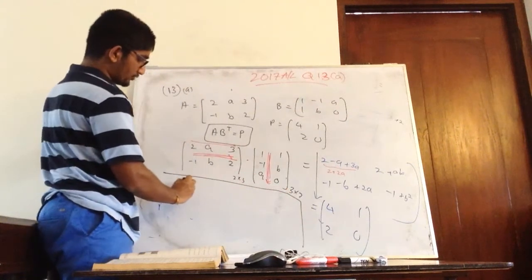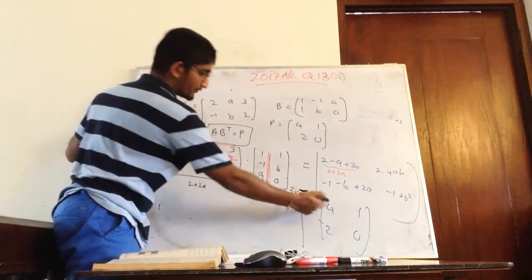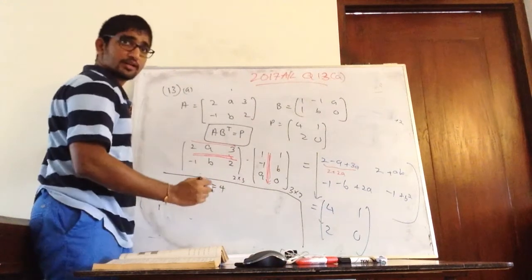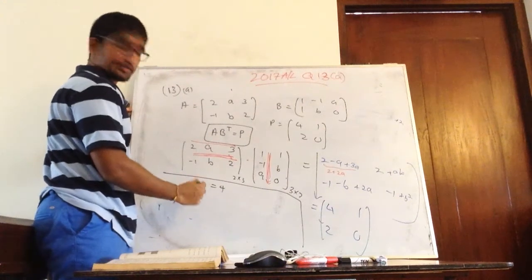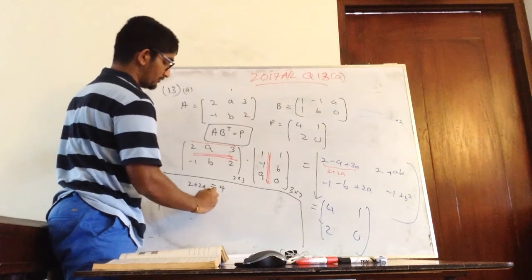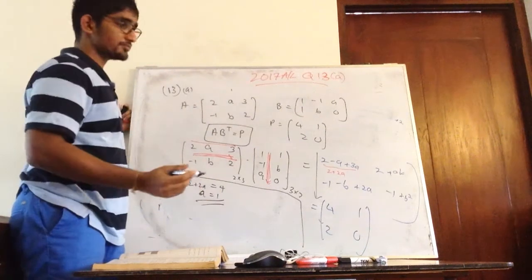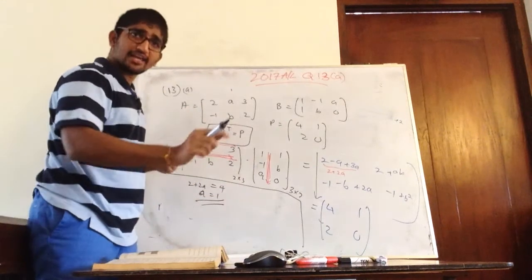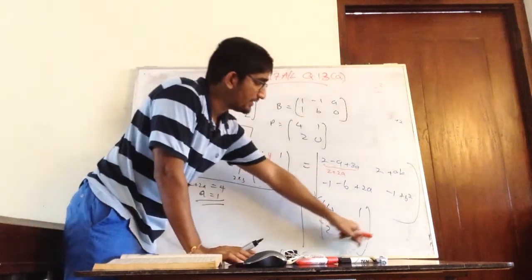So I can get 2 plus 2A as 4, no? Correct? Right? So then I will get what? 2A equals 2. So A is going to be 1. Right? So then I can get B. I can get B from here, no?